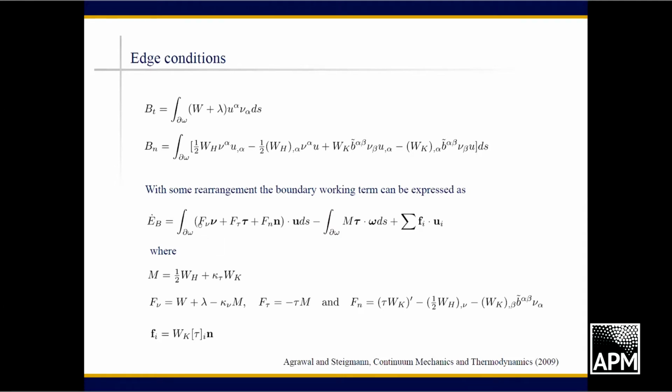And these are associated with in-plane tractions, a normal traction, a shear traction on the boundary, and a transverse shear traction in the direction of the normal, as well as a bending moment that is power conjugate to a rotational virtual velocity.